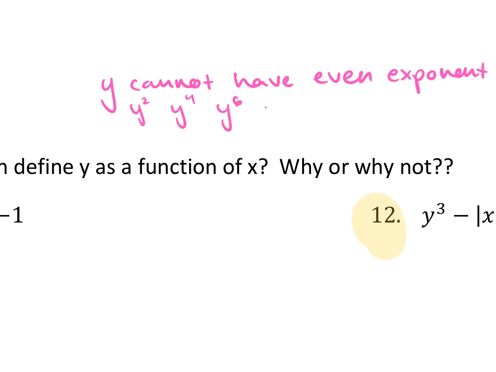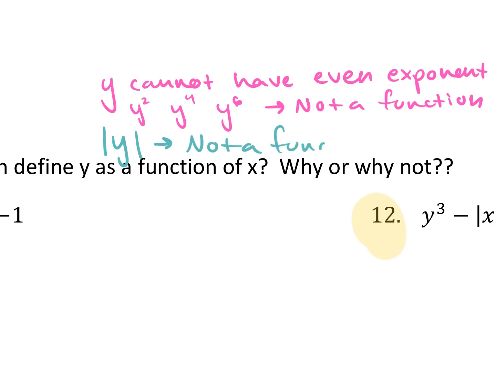These would be not a function. Also, y cannot be in an absolute value. This would be not a function. So 2 rules. Y cannot have an even exponent, and y cannot be in an absolute value.